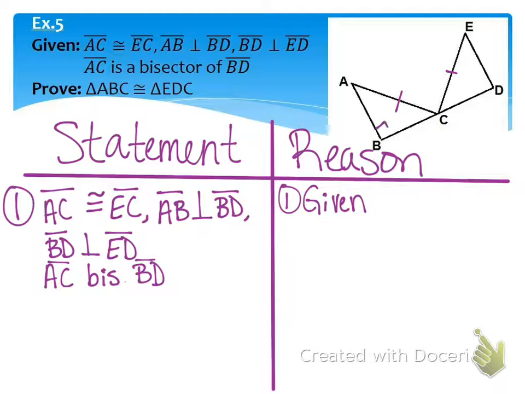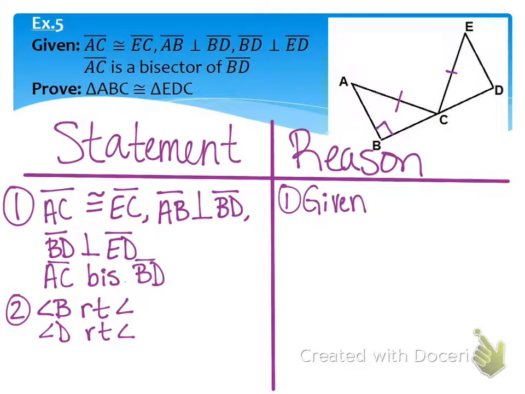We could use three letters, or I'm okay if you just use one because there's only one angle there. So angle B is a right angle. Similarly, we're told that BD is perpendicular to ED, so angle D is also a right angle.